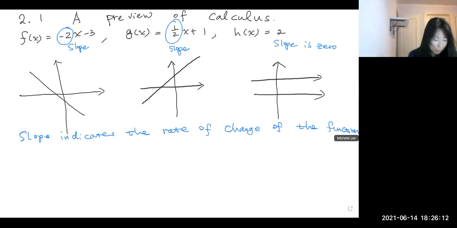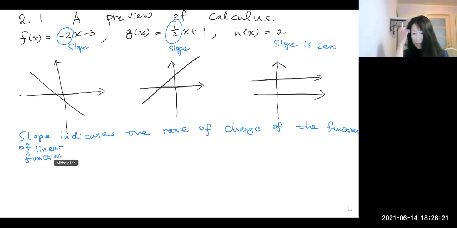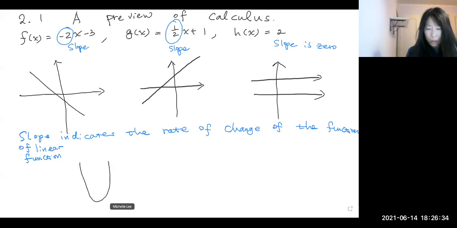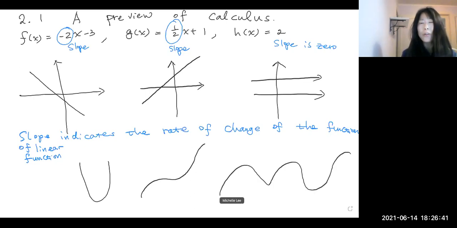So basically, slope of linear function indicates the rate of change of the function, okay? Then what if we have like this? What if we have like that? What if we have like this? Okay, how do you find the slope?